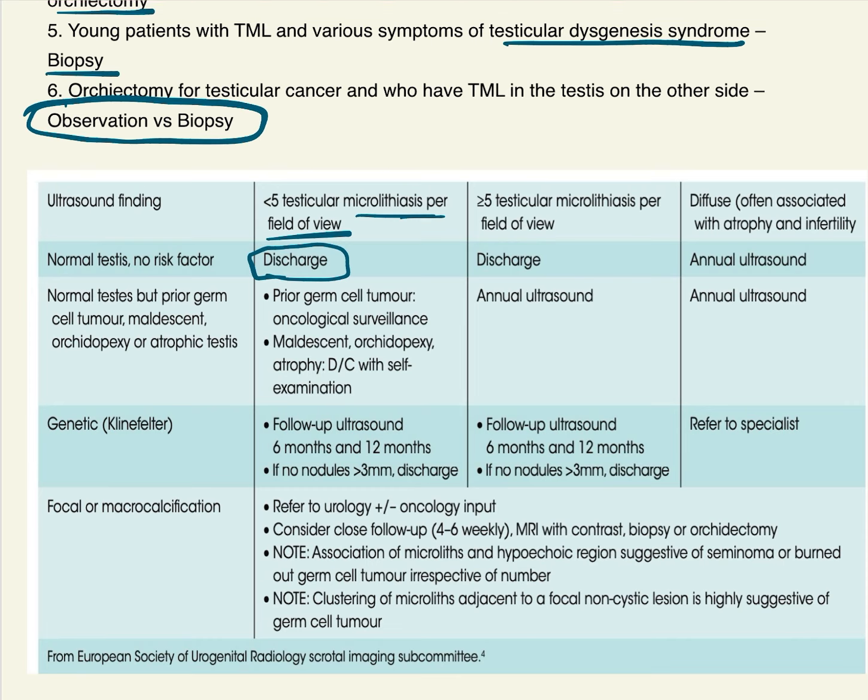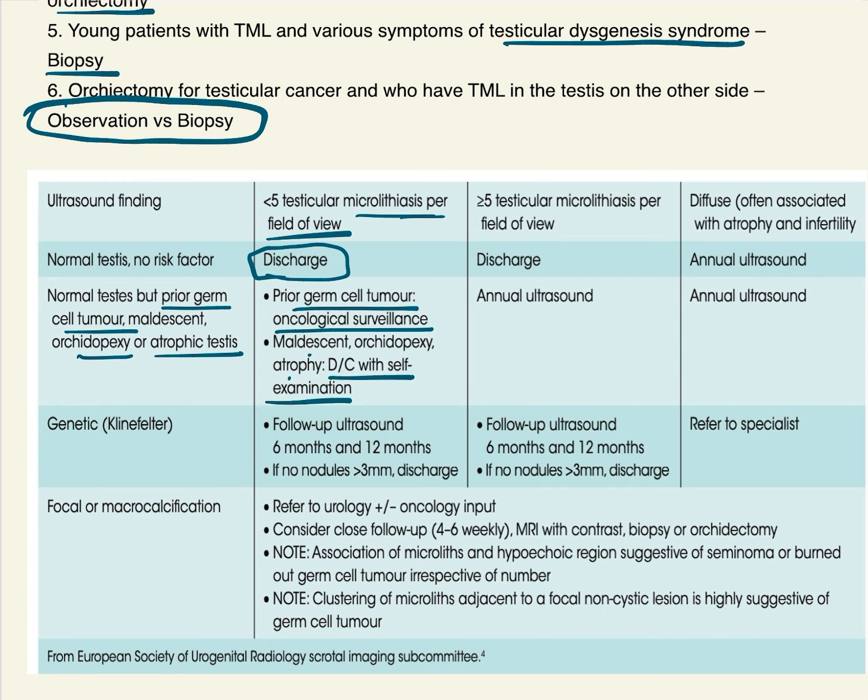When the testis is normal but he has history of cryptorchidism, history of orchidopexy, atrophic testes or prior GCT, then in cases of prior germ cell tumor, he would need oncological surveillance, while in cases of cryptorchidism, orchidopexy history or atrophy of the testes, the patient is discharged with self-examination advice.